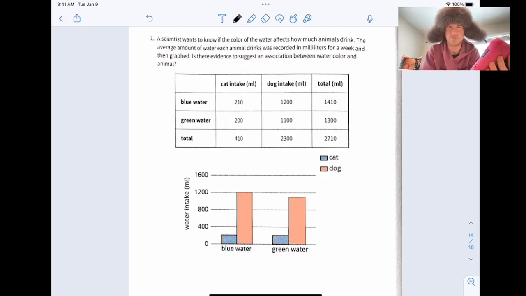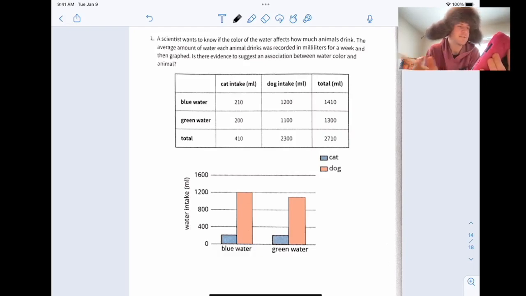Do you think the color of water affects how much animals will drink? Let's find out. The average amount of water each animal drinks was recorded in milliliters for a week and then graphed. Just a heads up, we will be going over this tomorrow, so I'll tell you if you're right or wrong tomorrow.